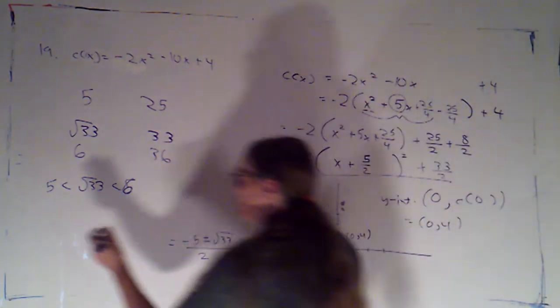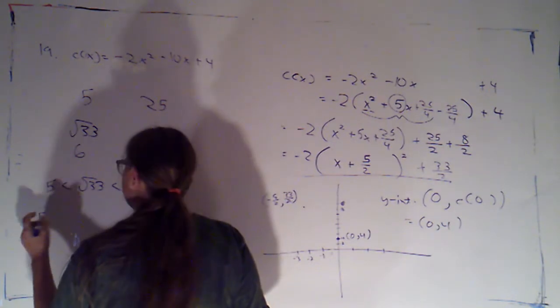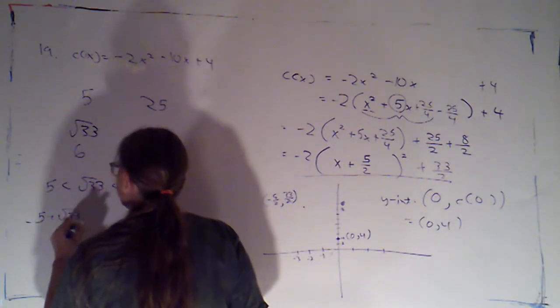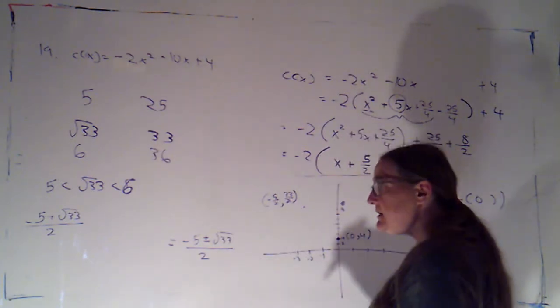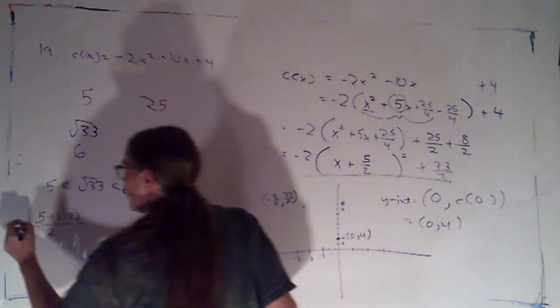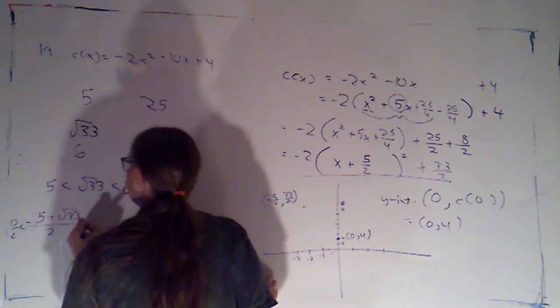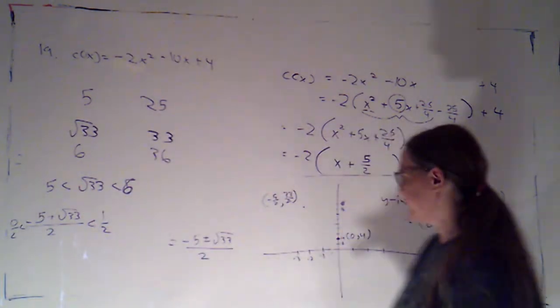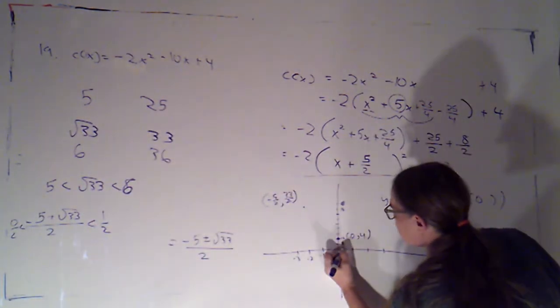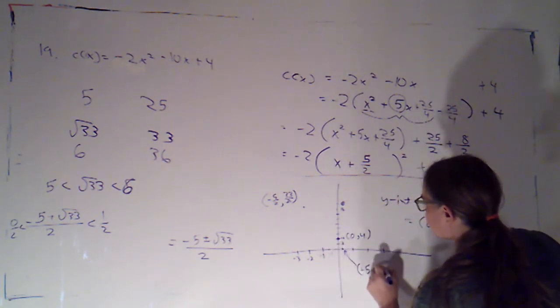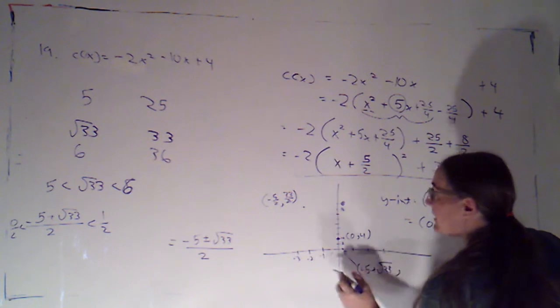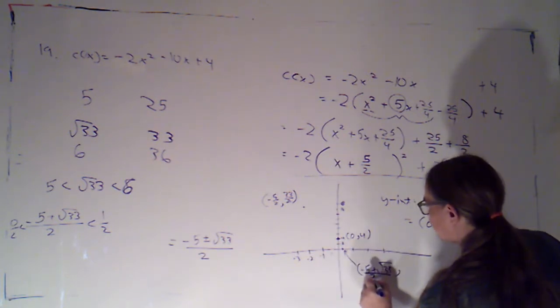So for the adding one, -5 plus root 33/2, okay, that's going to be in between 0 and 1/2. So I can say that's going to be somewhere there-ish. There's my -5 plus root 33/2, comma 0.